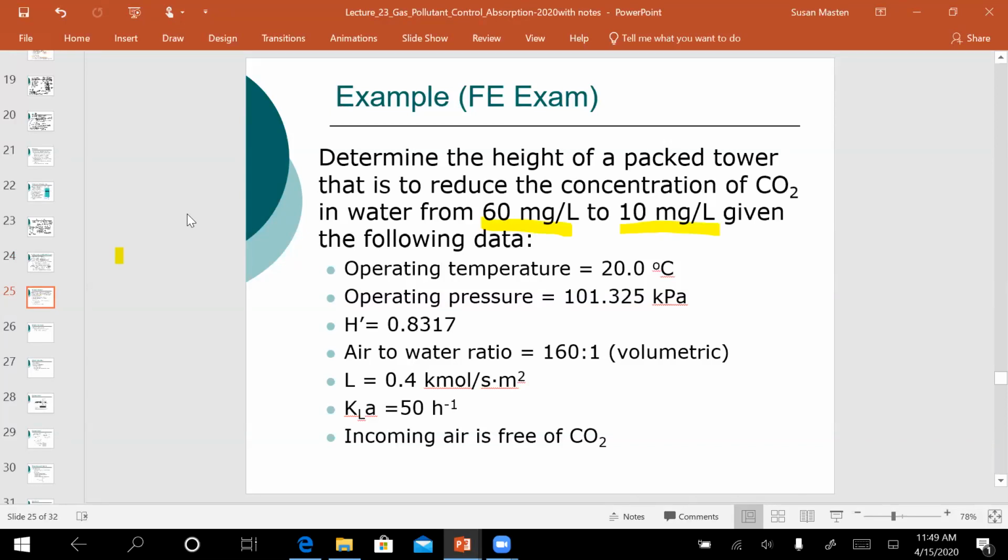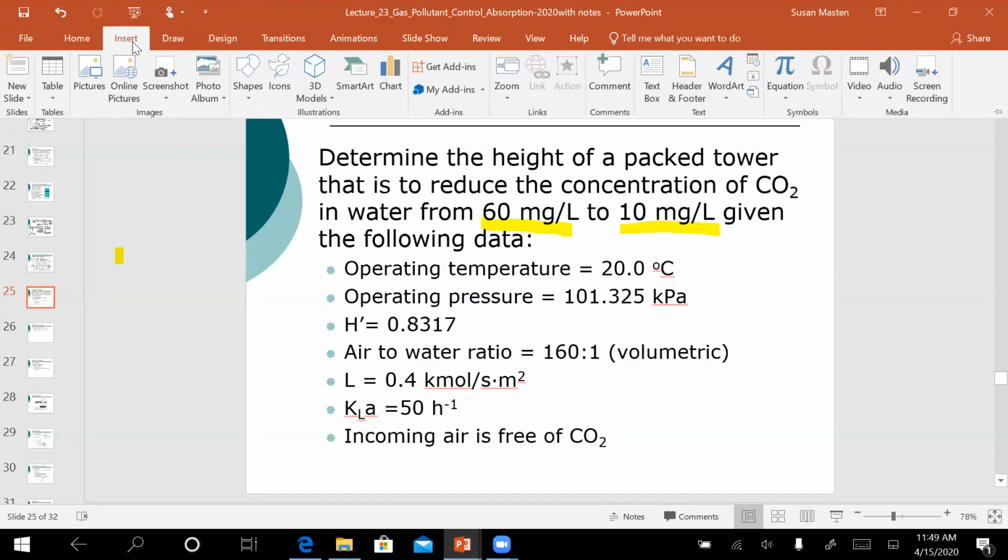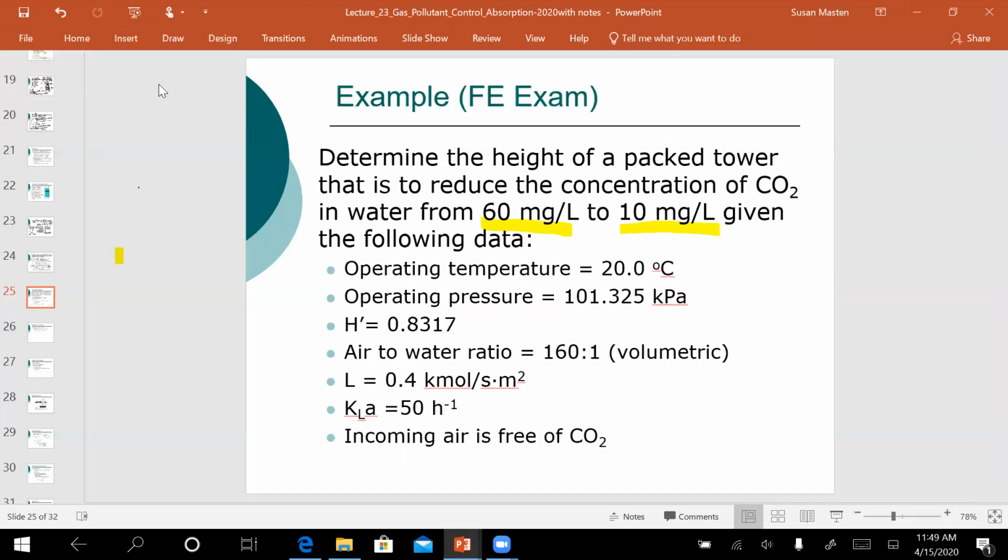You are given a dimensionless Henry's constant for CO2, and that is your Henry's constant divided by RT, so it's adjusted for temperature. You're told the air-water ratio. You're given the loading factor for water, so that's the L. You have a Henry's constant. This is from the manufacturer. And you're told that the incoming air is free of CO2.